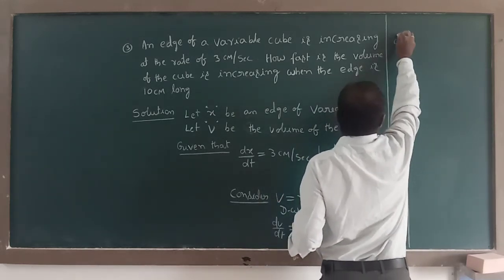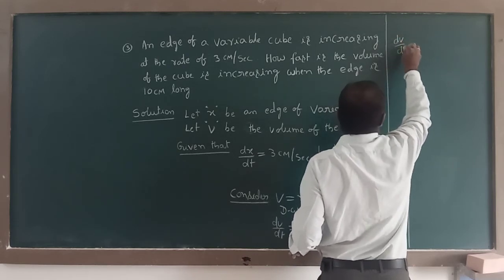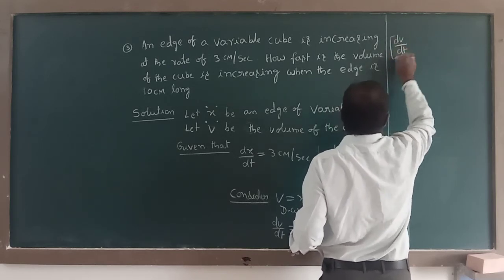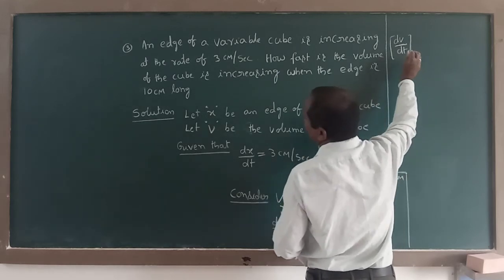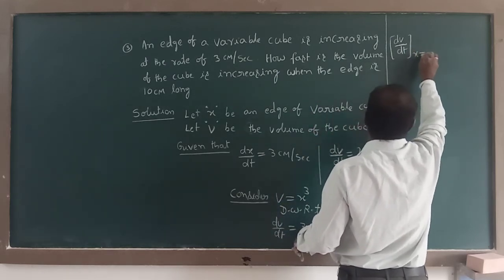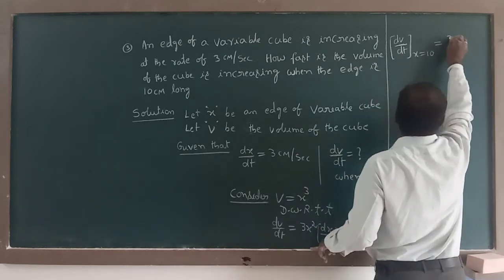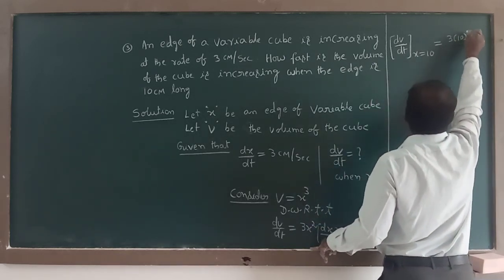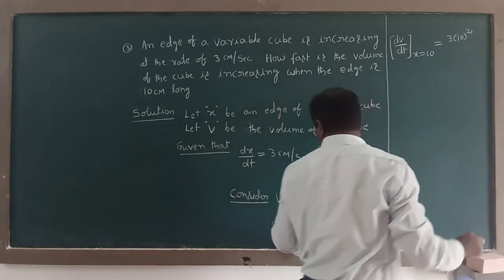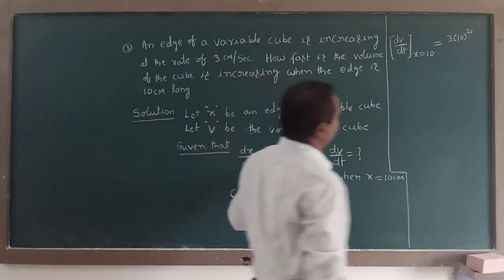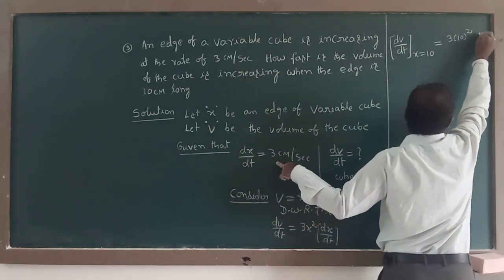dV by dt, when x is equal to 10, is equal to 3 into 10 square. Already they gave dx by dt as 3, so we should write 3 here.